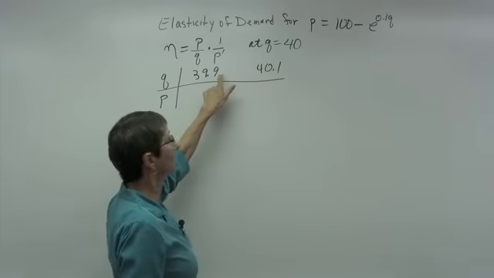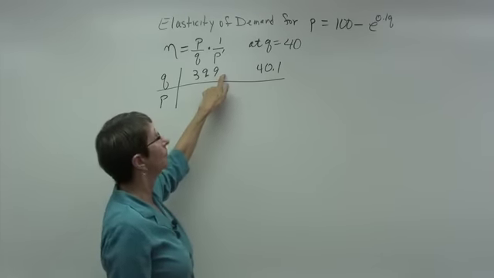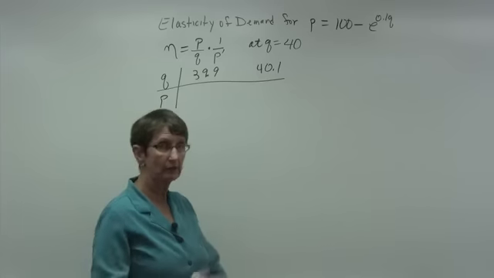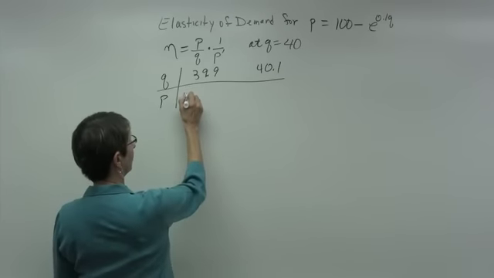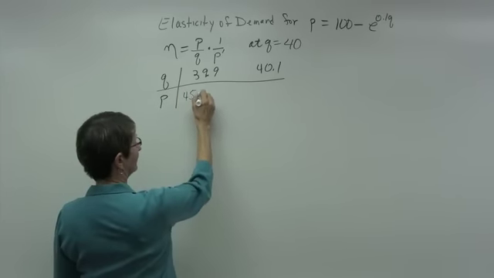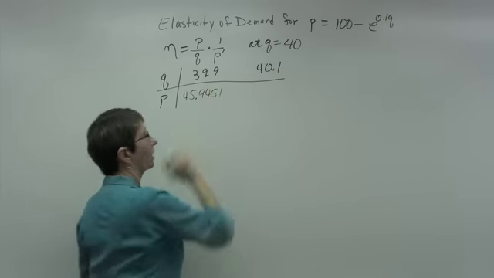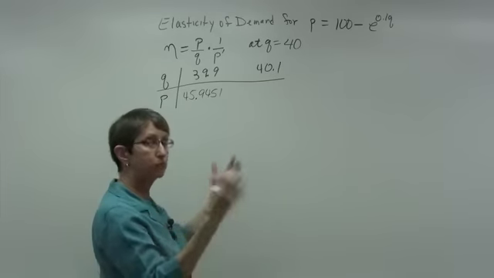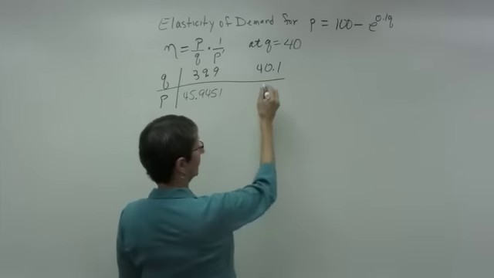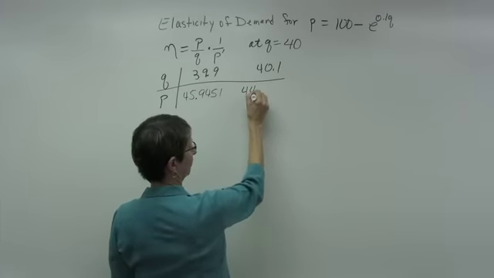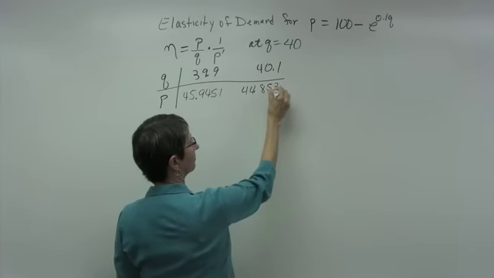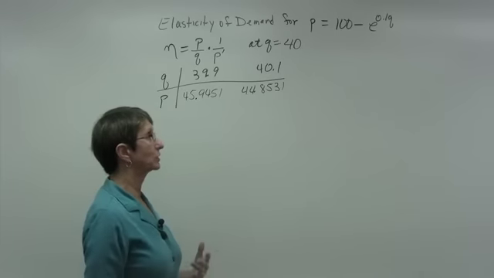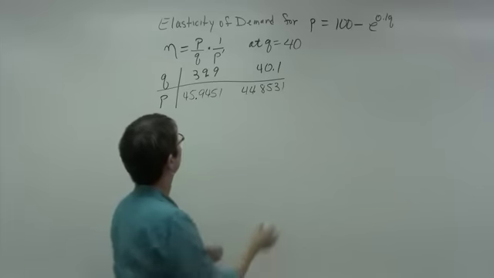I'd multiply 0.1 times 39.9, do e to that power, subtract it from 100, and I get a value of 45.9451. I plug 40.1 in for Q, go through the same process to get P, and P is 44.8531. And I'll use the slope formula on this to get my value for P prime.